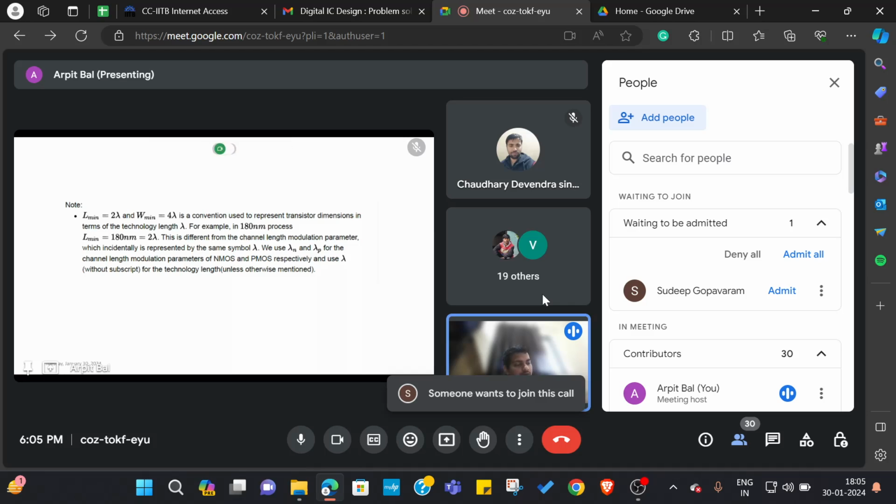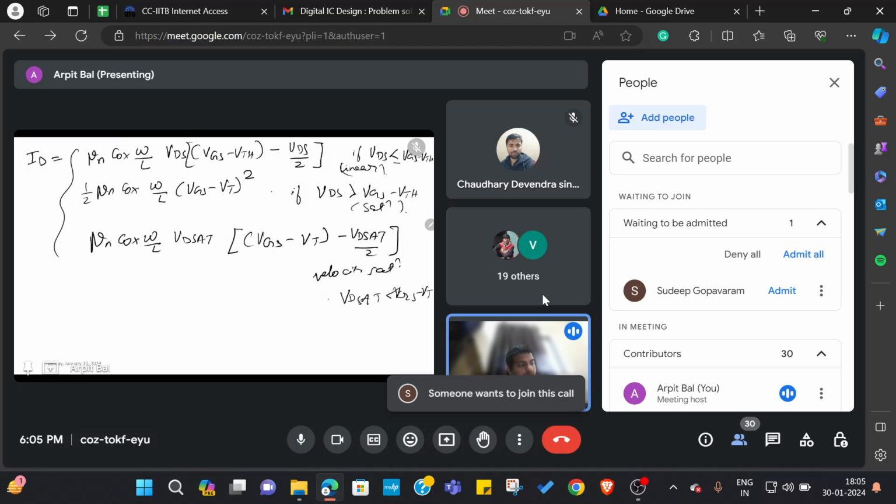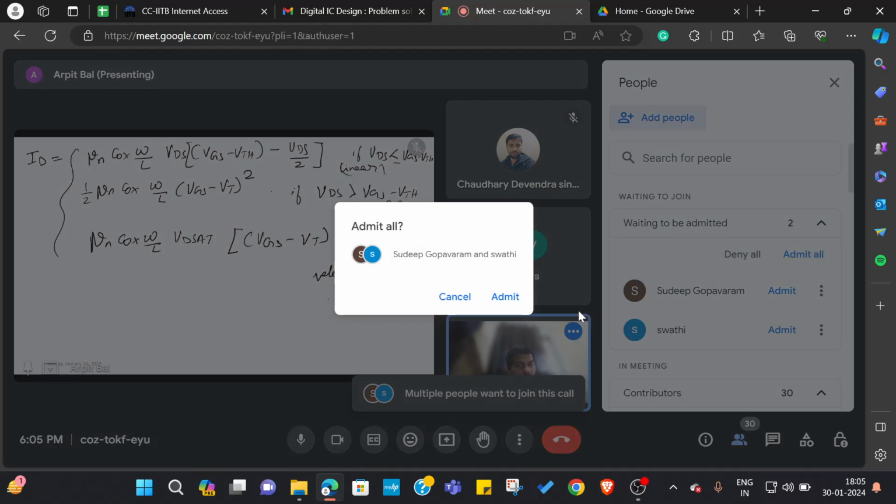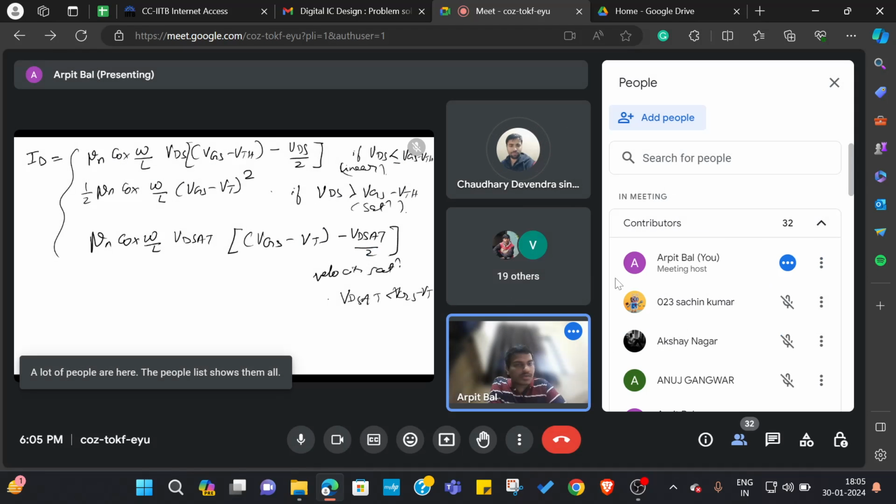Okay, and note down this thing as well. You need not note this one. I think this was the question that you were asking, right, Devendra? Yes, sir. Basically you can see that in linear, this is the equation being used; in saturation, this one, and in velocity saturation, the third equation.